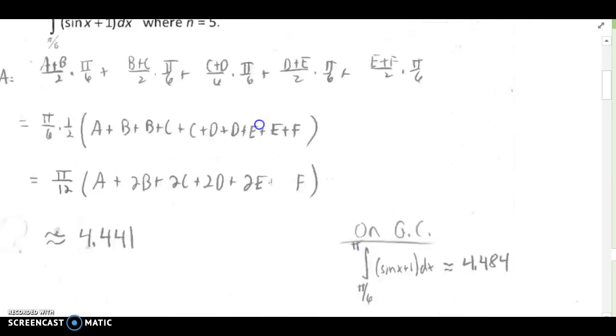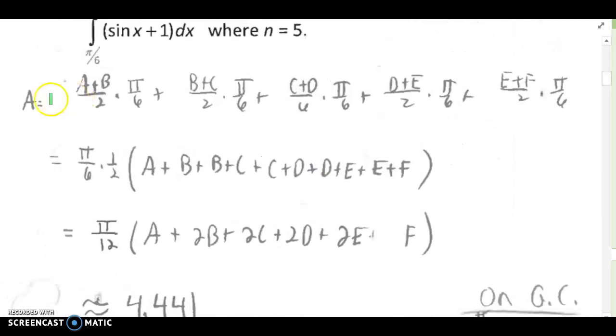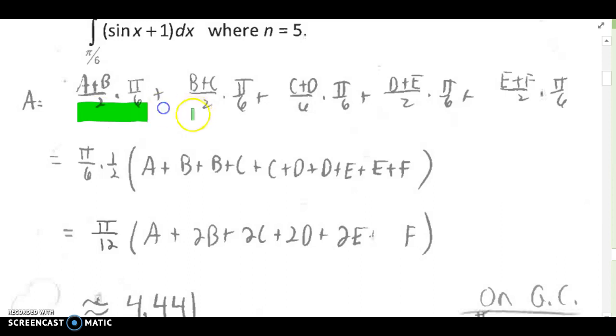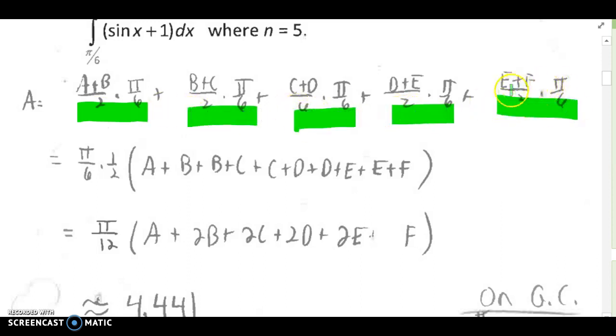And I have all those written up here on this line. This represents our entire area. Now it gets to be a little bit repetitive, as each one of these terms being added together has a pi over 6 in it. So I factored a pi over 6 out. The other thing is, because we were finding the area of a trapezoid, base plus base divided by 2, I can factor a 1/2 out of all these terms also, and put that out front.